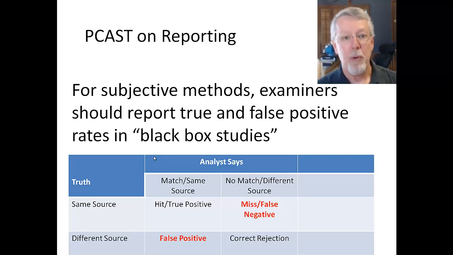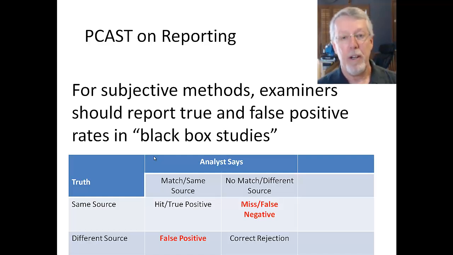The PCAST report says that if forensic scientists are relying on subjective methods where the estimates of likelihoods cannot be verified or don't have an empirical basis, they should subject themselves to black box studies to determine how accurate their subjective judgments are.